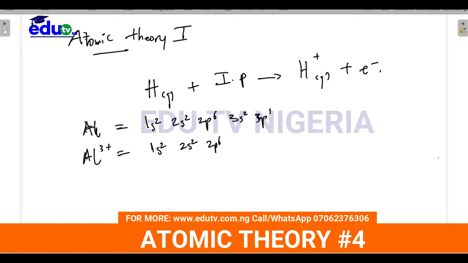So we would know that here the ionization energy to remove this will be so much smaller, and to remove another one of these. Let me put it in levels so you get what I'm saying.